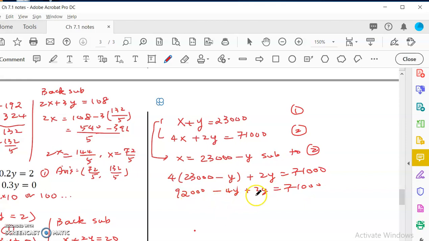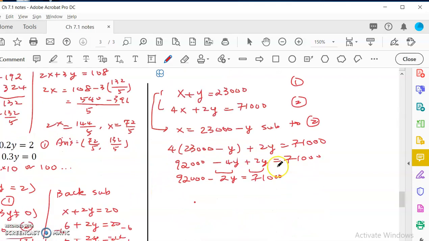And so combining like terms, no, it's not 6y. You should think of it as 92,000 minus 2y is equal to 71,000, right?